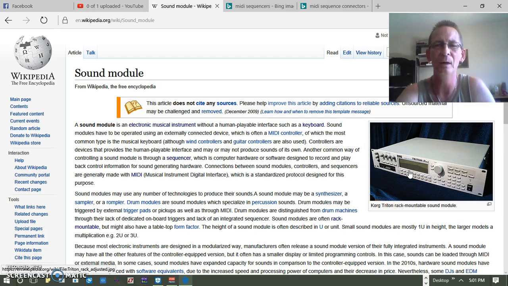But it carries all that information and sounds, just like your synthesizer or a sampler, and can be triggered with MIDI in some type of configuration where they're connected together to be triggered by initial MIDI information. And that is a cool thing.